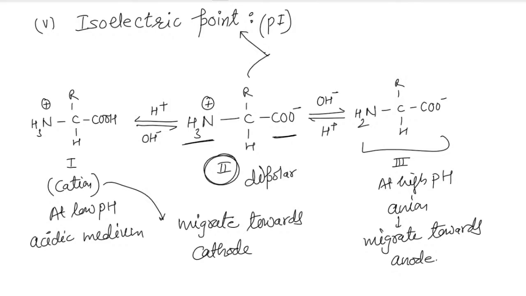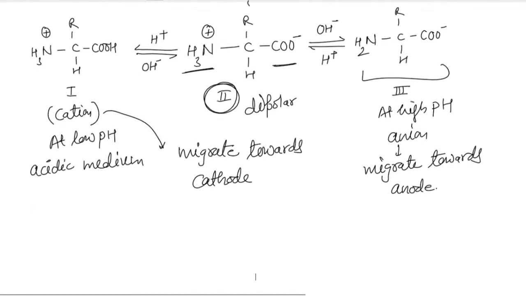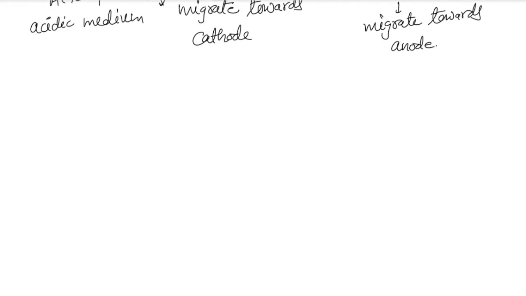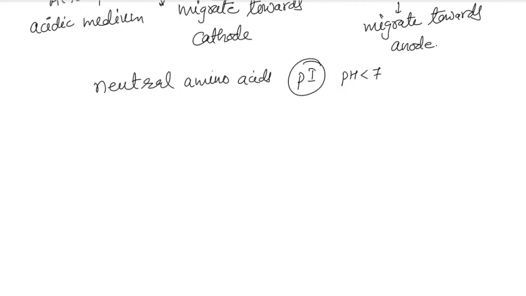And this pI value, the isoelectric point, is different for different amino acids. For neutral amino acids, the isoelectric point is slightly less than pH 7, very close to 7.